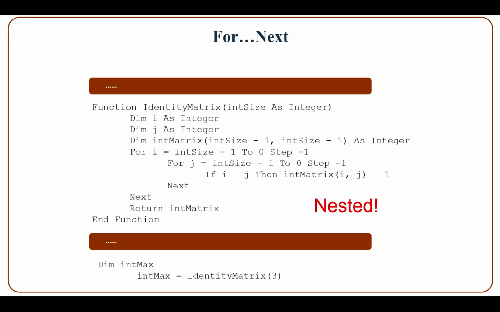And then you declare a matrix, actually an array, namely int matrix, with a size from 0 to int size - 1, and from 0 to int size - 1.